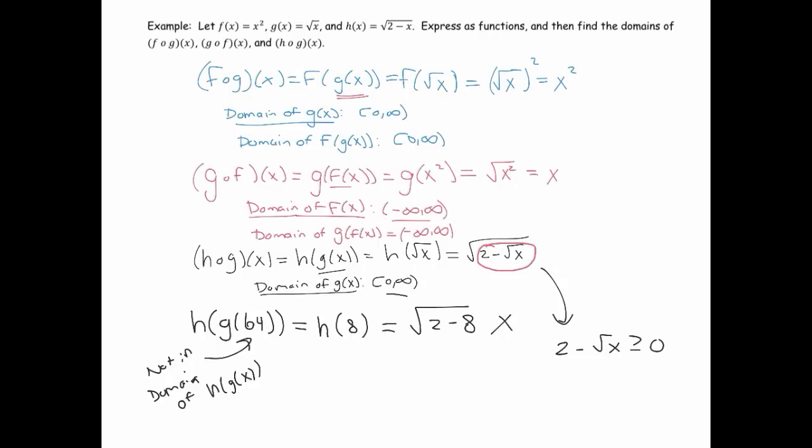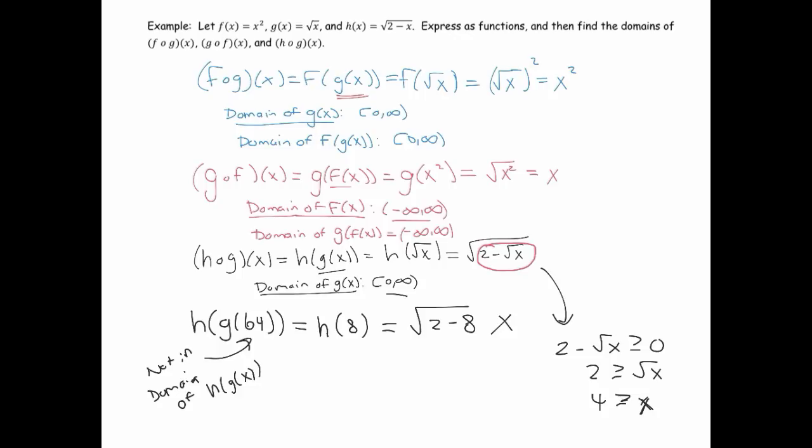But that means that if you add square root of x to both sides, 2 is bigger than or equal to the square root of x. And squaring both sides means that x is less than or equal to 4. So, in order to input something into h, we need x to be less than or equal to 4.